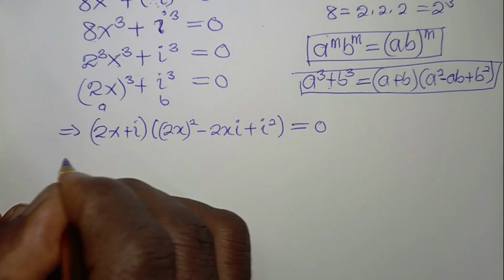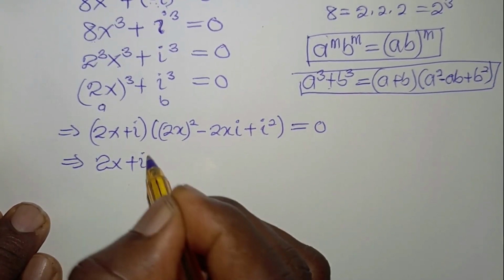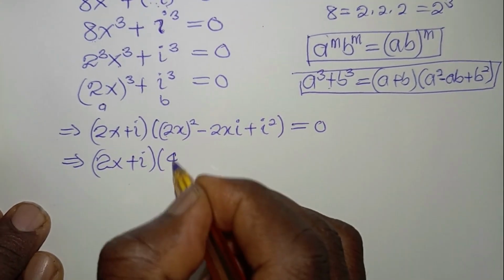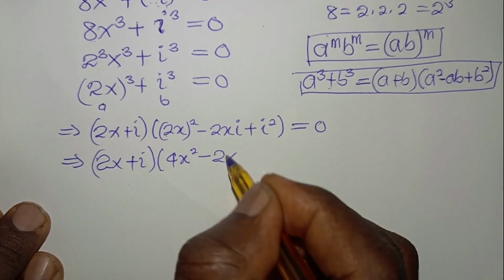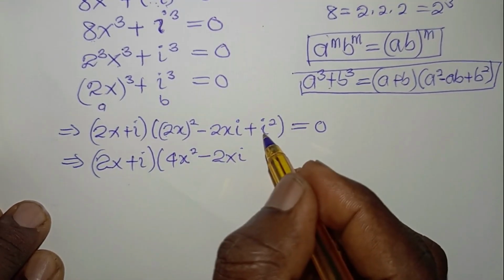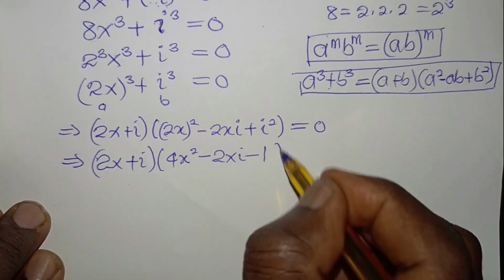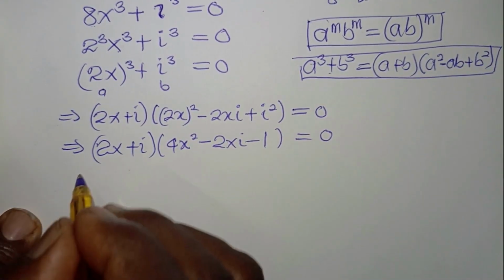So here we still have 2x plus i multiplied by 2x squared, which will give us 4x squared minus 2xi. Remember, i squared is equal to minus 1, so we say minus 1 equals 0. So let's apply the zero product rule.